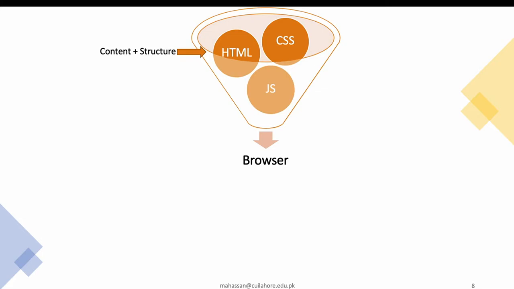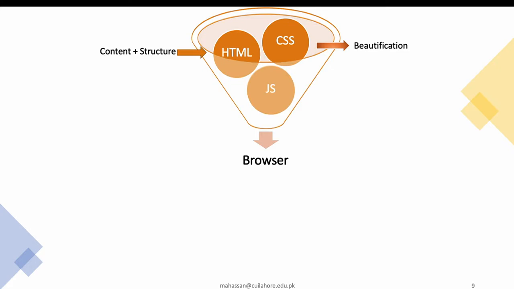Then there comes beautification of the content. Although it can be done in HTML, but we can have a separate language for beautification, which is called CSS. It is also a declarative language like HTML, which means there will not be any variables, functions, or classes in it.